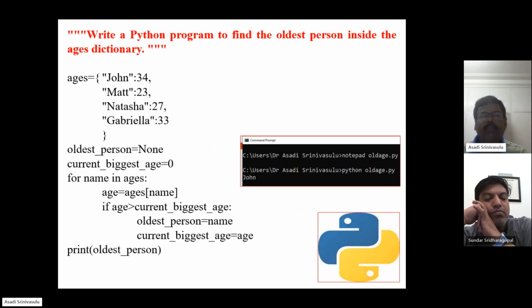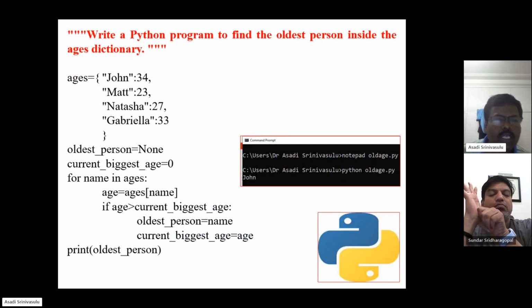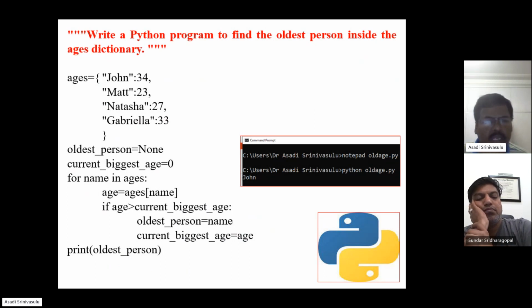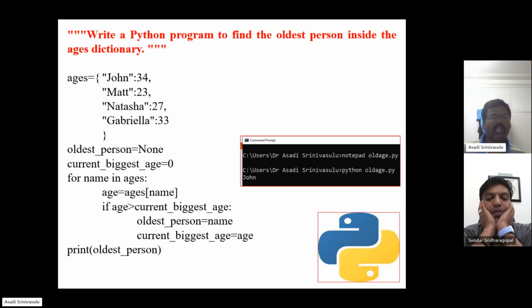So write a Python program to find the oldest person inside the ages dictionary. My dictionary name is ages, with John 34, which is a key-value pair, Math 23, Natasha 24, Gabriella 33. Now I'm declaring oldest underscore person equal to None.